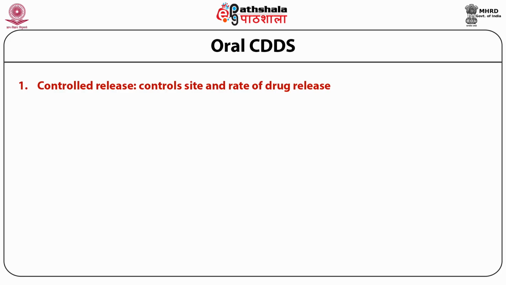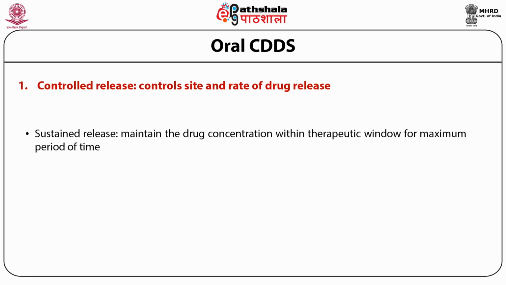The controlled drug delivery systems focused on delivery through the oral route can be of two types: controlled release and delayed release. The controlled release systems control the site and rate of drug release, and under this we can have sustained release, which maintains the drug concentration within the therapeutic window for the maximum period of time.